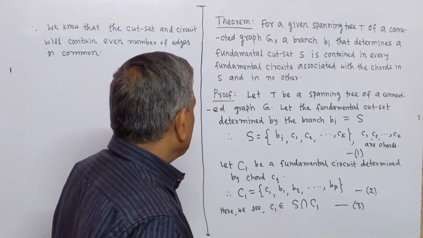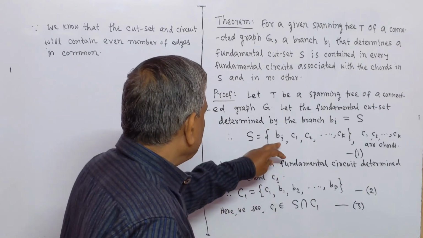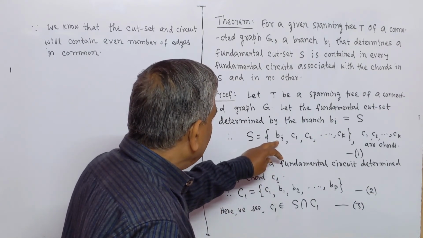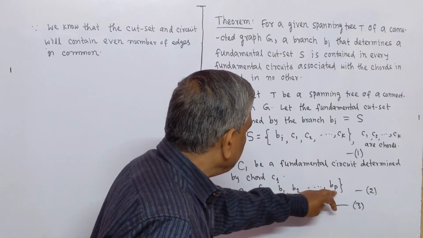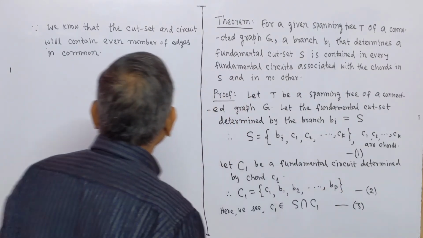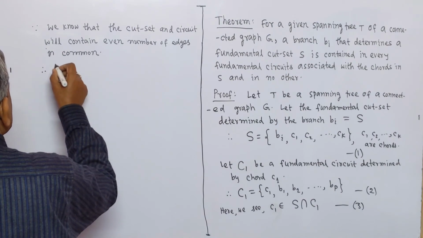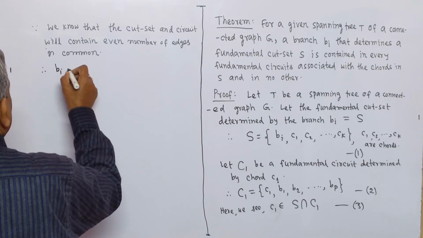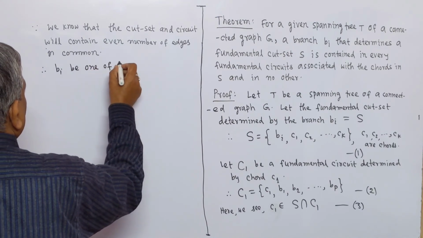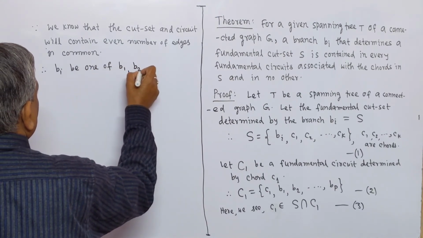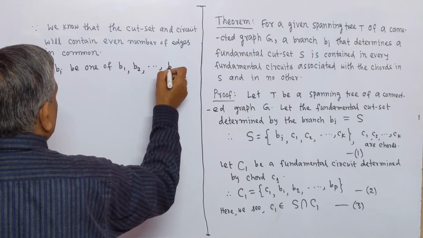Therefore, we will get that here we have Bi. Bi is one of B1, B2, dot dot dot BP.